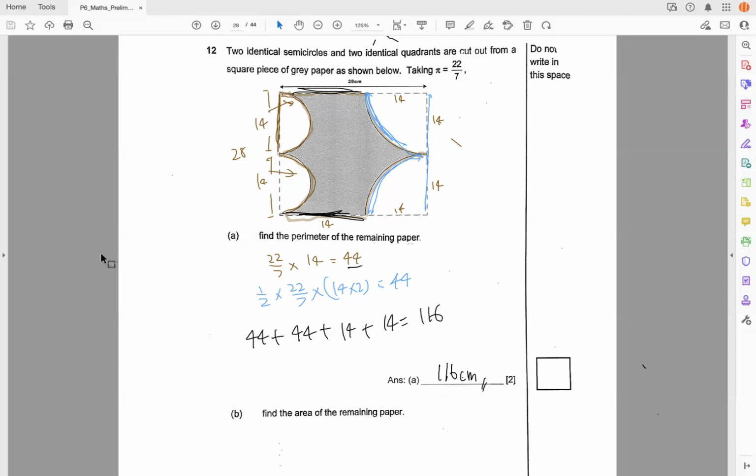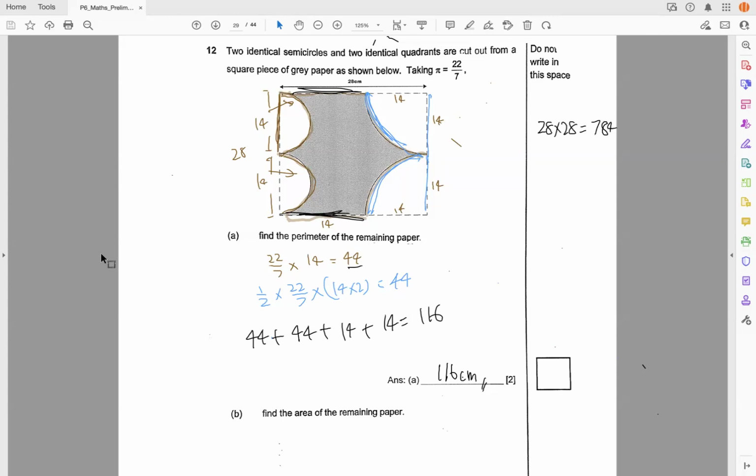Now, let's continue with part B. Okay, part B. Find the area of the remaining paper. So, simple, the strategy will be find the area of the square paper. In this case, it is 28 times 28, 784.